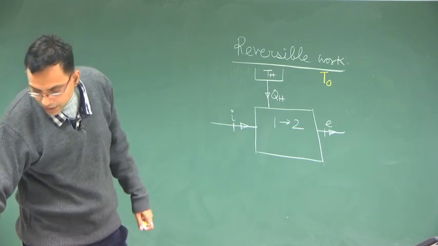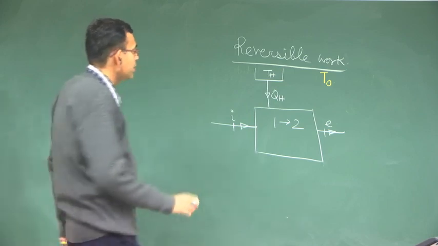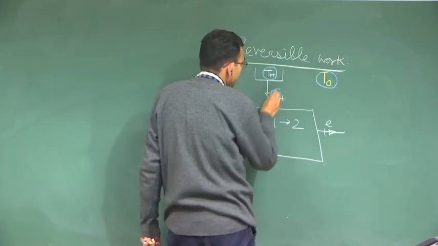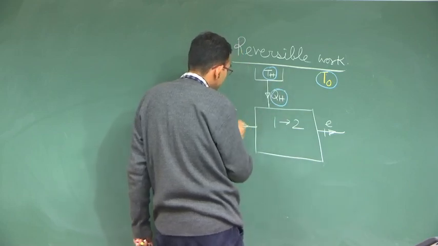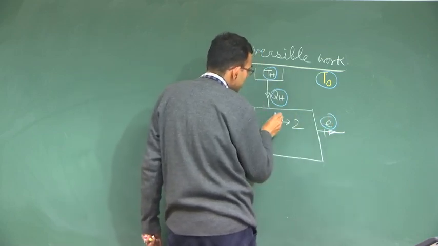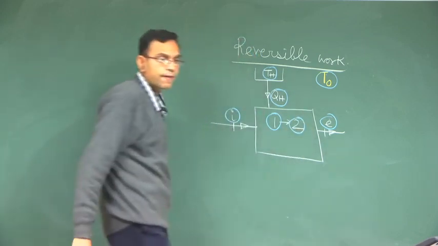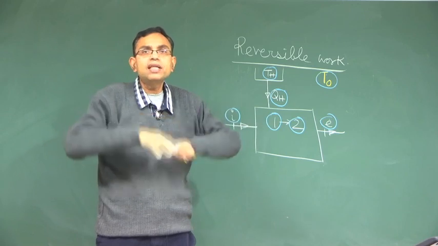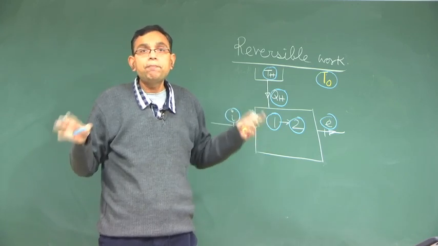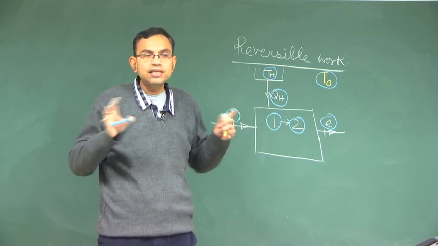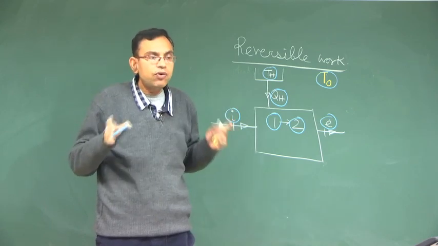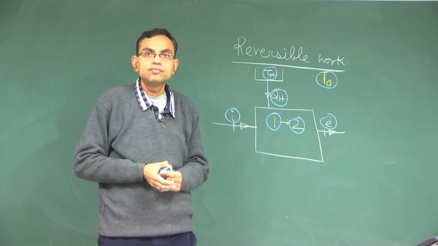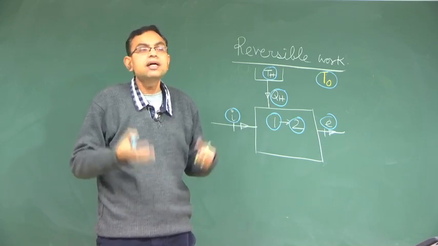Let us encircle what is specified. This is very important. Th, T0, QH, state I, state E, state 1, state 2. So, all the states are fixed. Given this arrangement, the puzzle that we have to solve is: what is the maximum work that we could derive out of this? That maximum work is the reversible work.